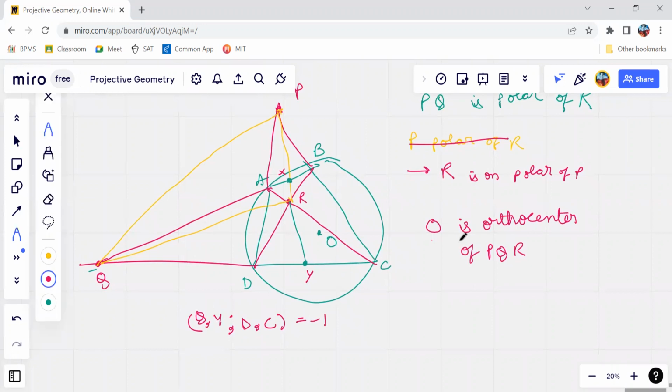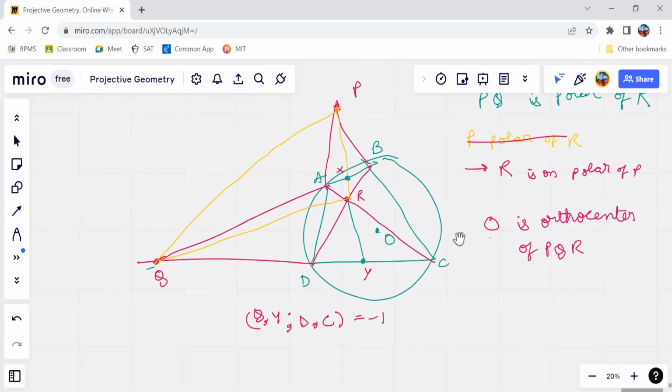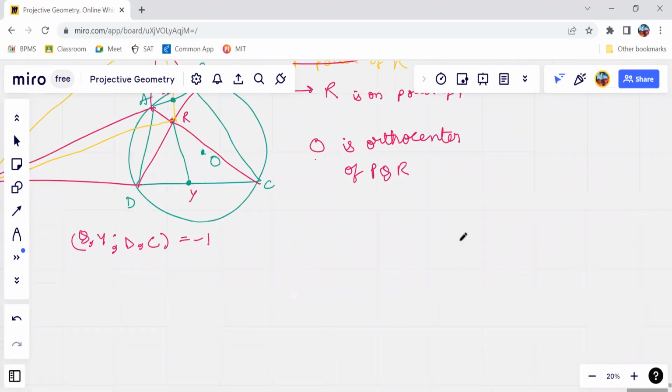Yes. Nice. So we want to show that R lies on the polar. Before we do this, we should look at what a polar means.